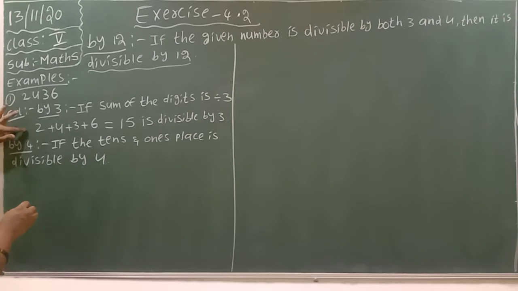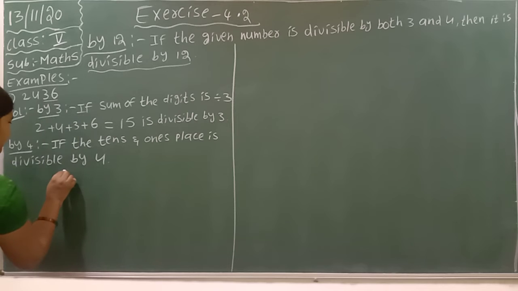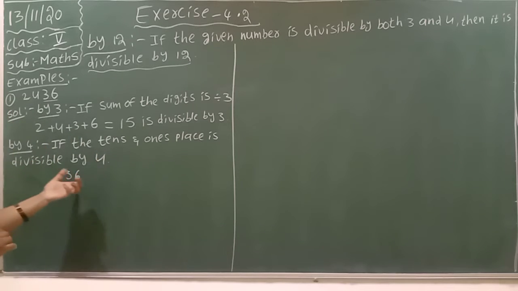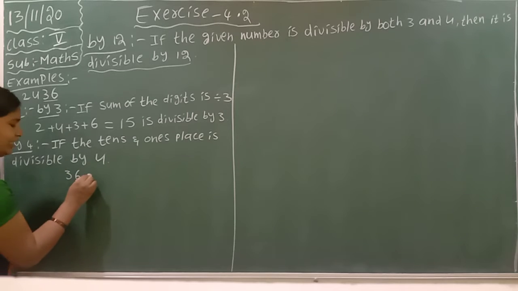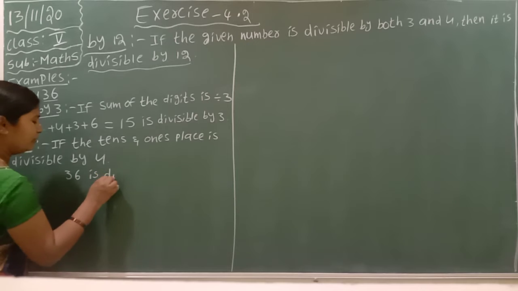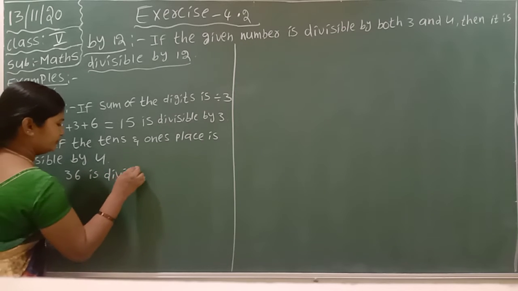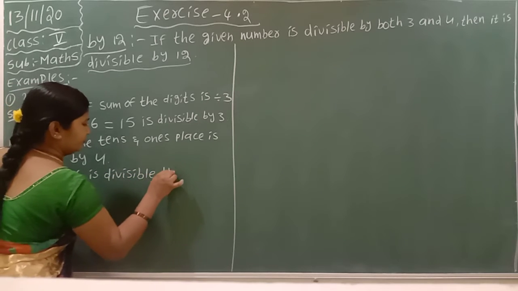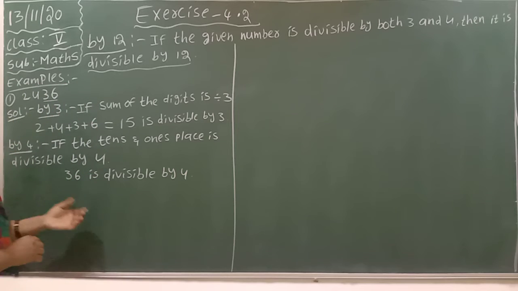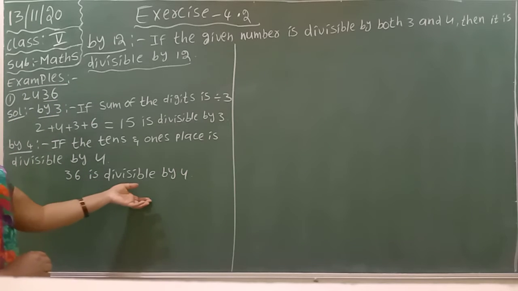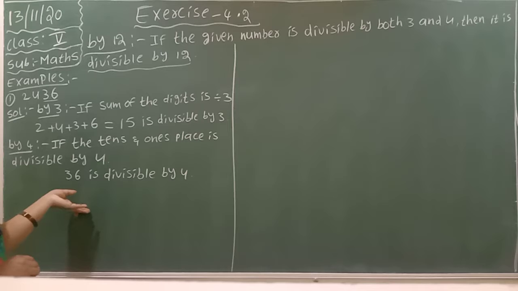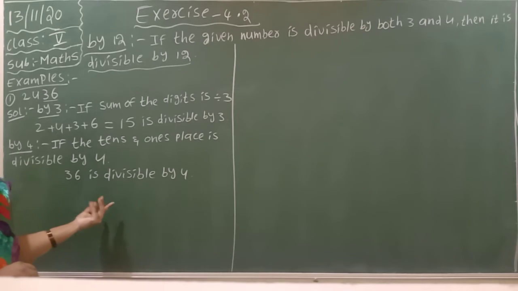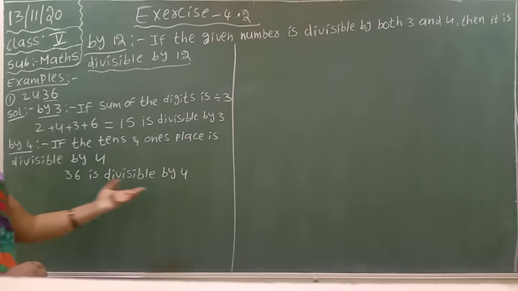You have to check it once. What is the tens and ones place here? 3, 6, 36. Here 36 is divisible by 4. Why? Because in the 4 table we will get 36: 4 nines are 36. So it is divisible by 4.